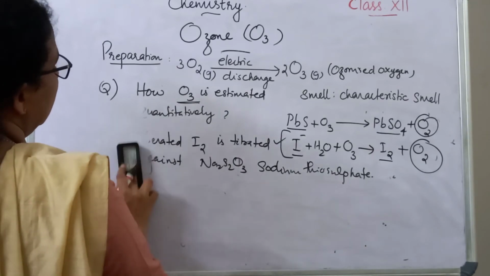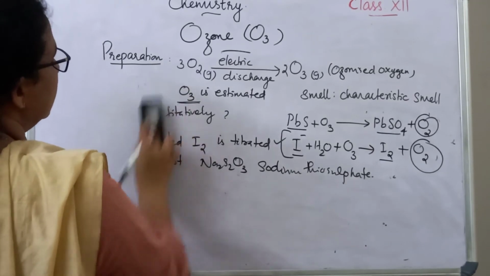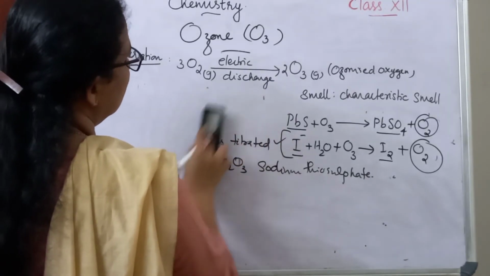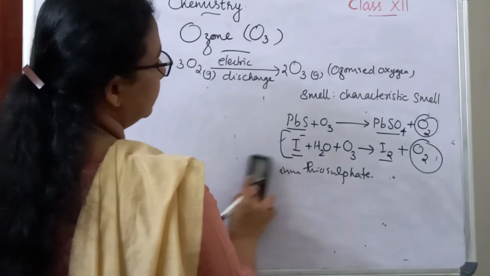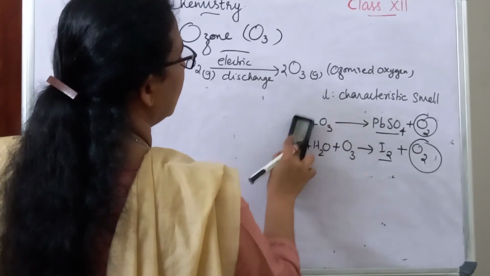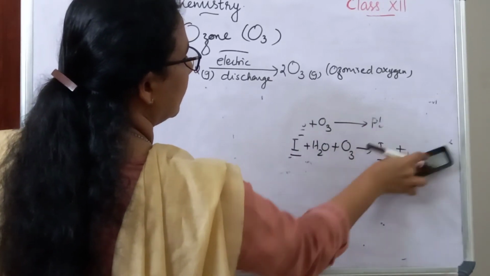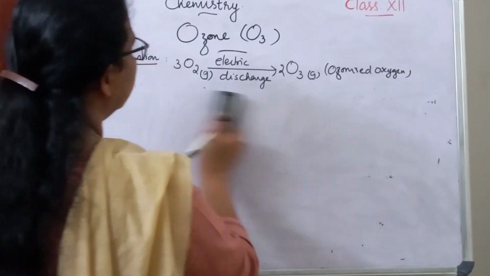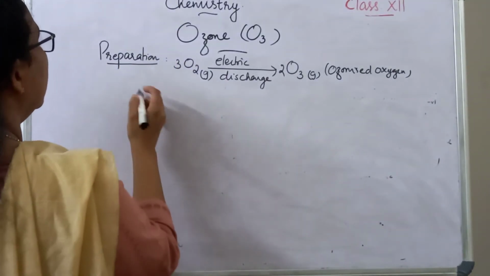Now let's see another 2 points, that is the threats. What are the threats of ozone layer depletion? There are two important threats of ozone layer depletion.